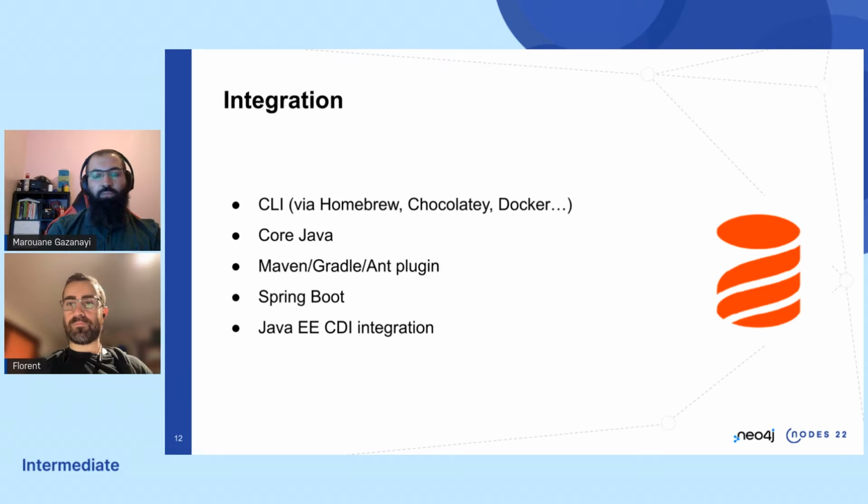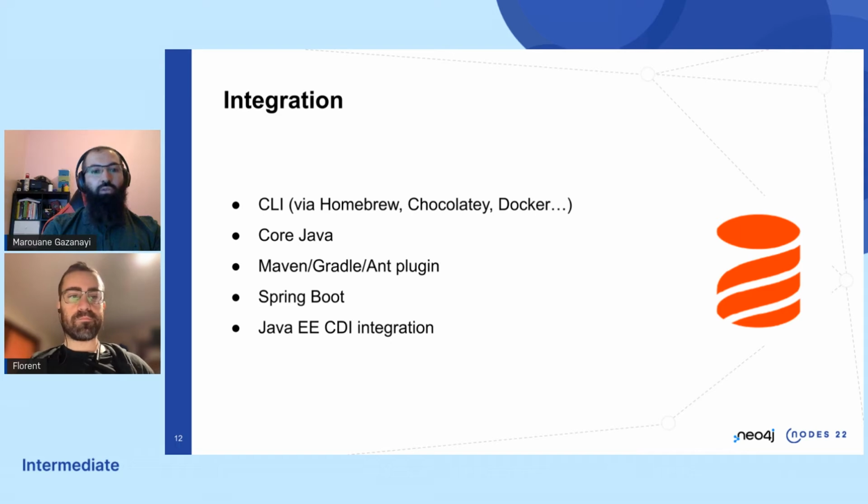And if you want to use the low-level APIs or the core Java APIs, you can also do it. Once you have the core library, you just instantiate everything by hand using Java, and you just do the work. You can also include the plugin using your favorite build tool, Maven, Gradle, or Ant.